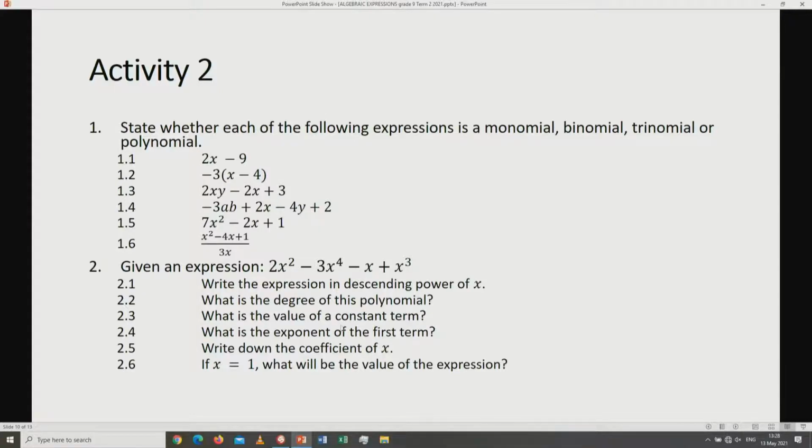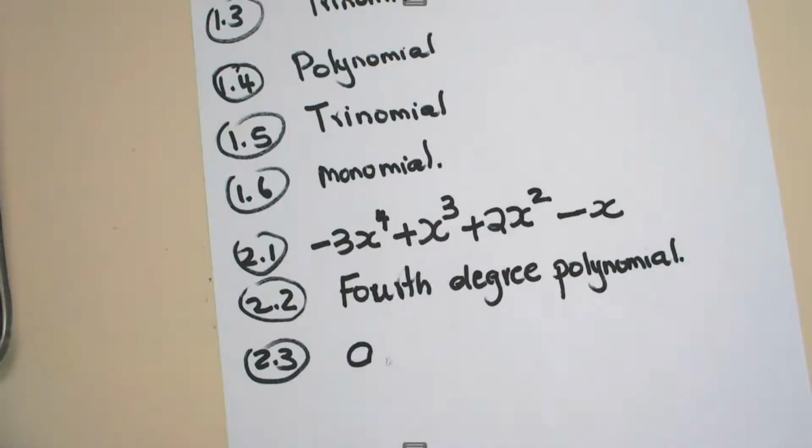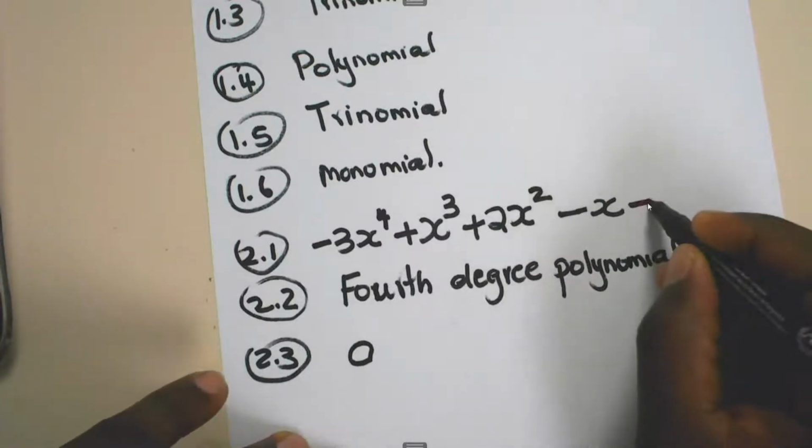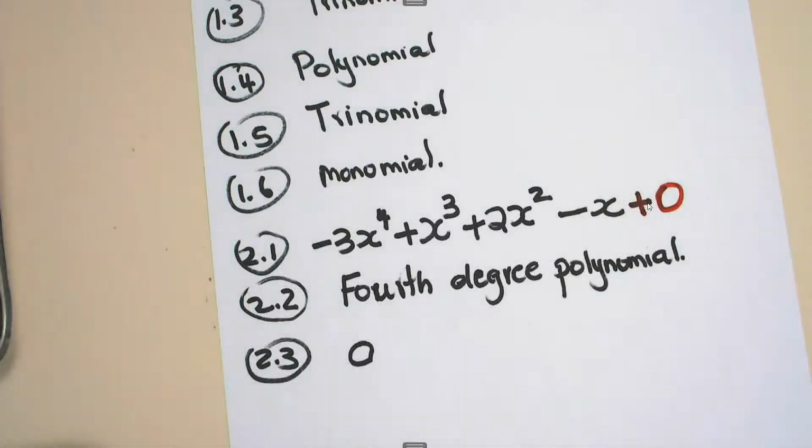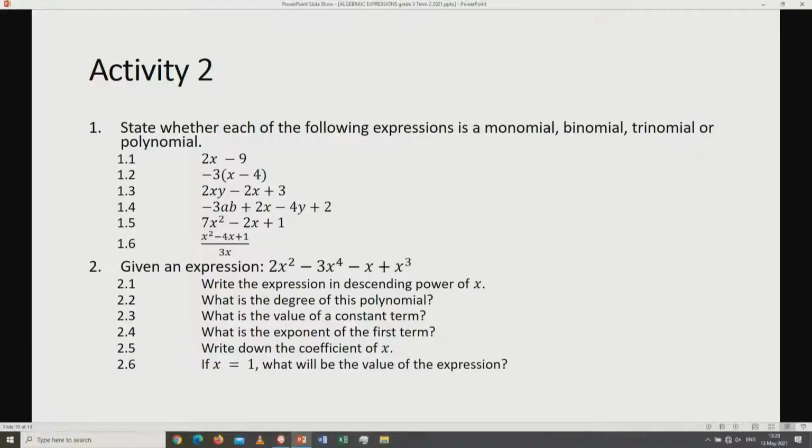Yes, the constant value is 0. It is somewhere there, even though it is not written, there is plus 0 there. So a constant term there is going to be 0.